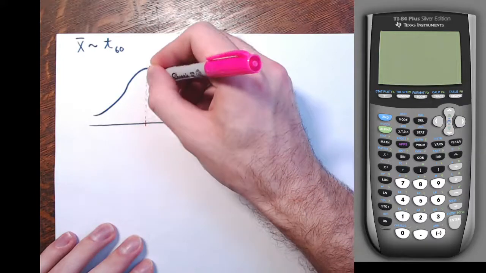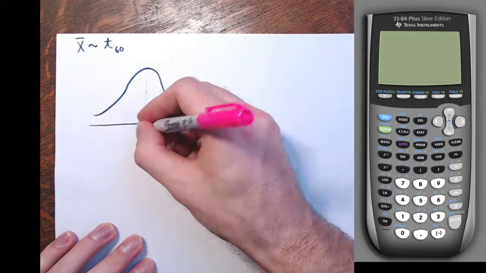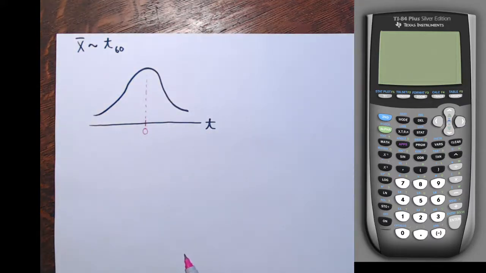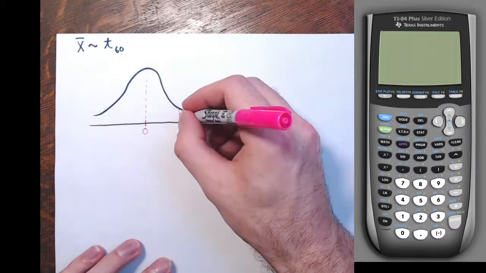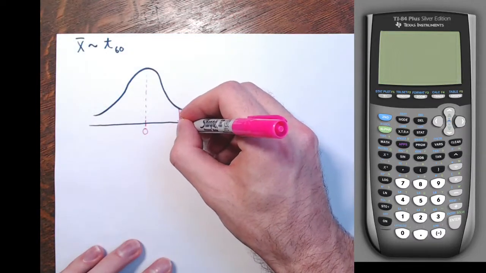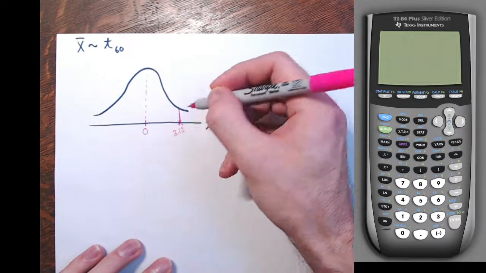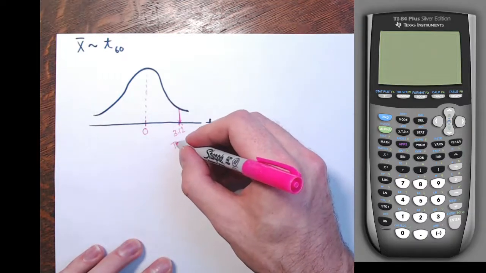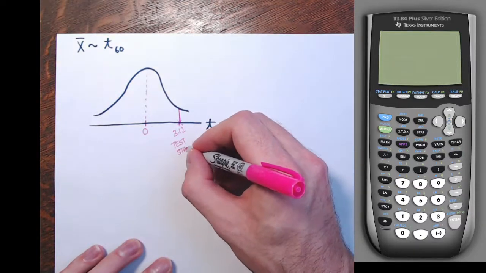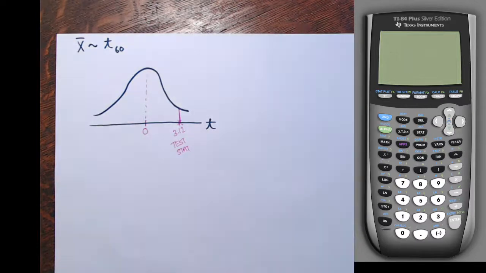The t-score under the peak is 0, and our test statistic came in at 3.12, so definitely above the mean. Here's the test statistic. Remember how the alternative hypothesis was that the mean was greater than $55,000?